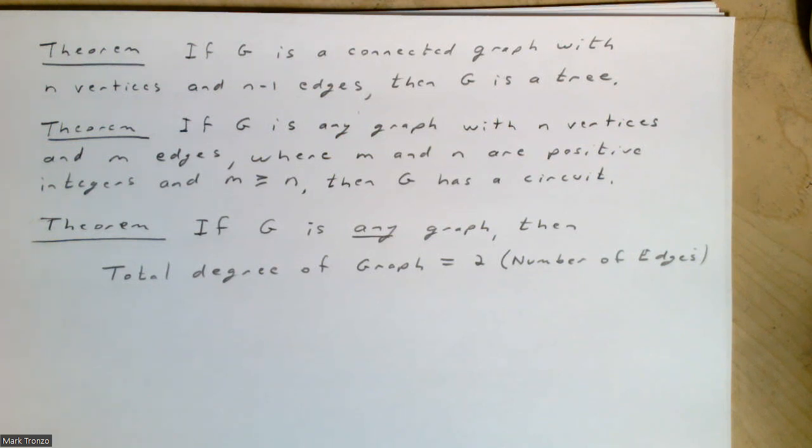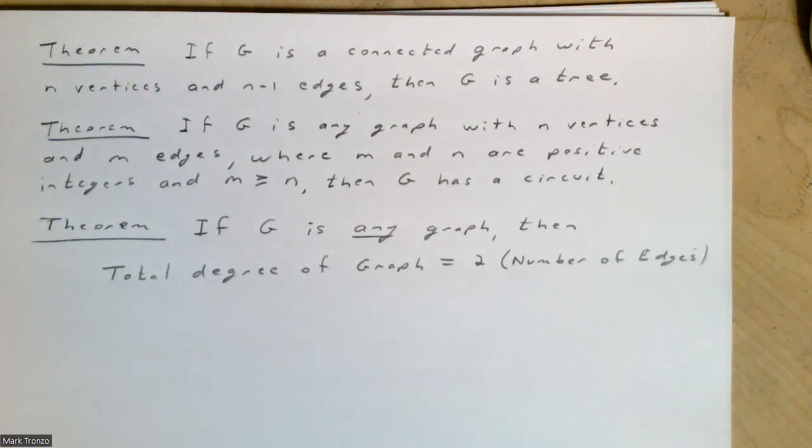So let's keep all these theorems in mind, and let's go through some problems here and see what we can come up with. And again, by going through some problems, it kind of gives us a better understanding of what we have.